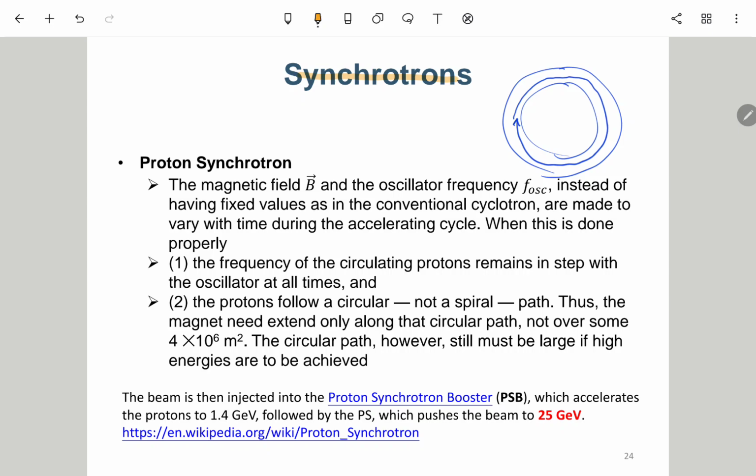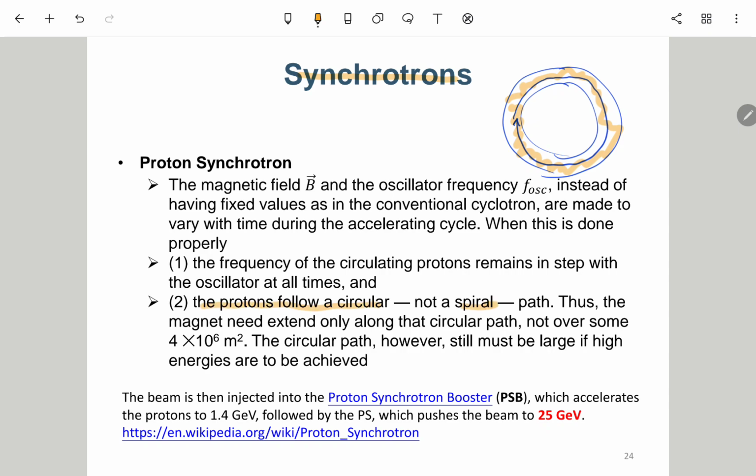Okay, and in that case, you only need to generate B field in this ring rather than a whole circle, so that the power can be more concentrated here, so you can generate a larger B field for a higher speed. Okay, so we don't try to go too deep, but the idea is the proton follows a circular path, not a spiral.